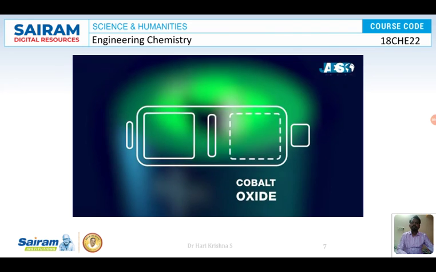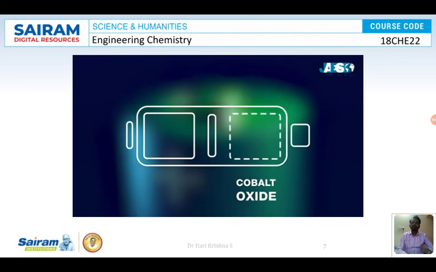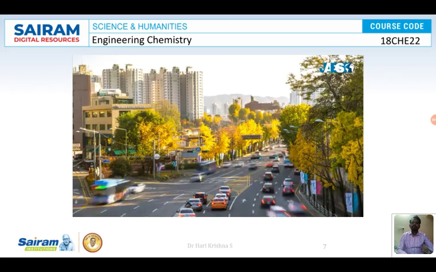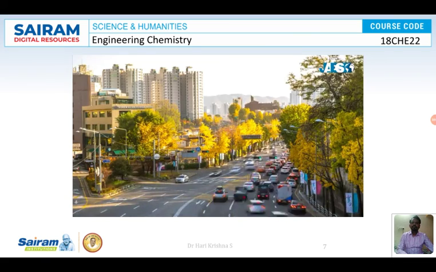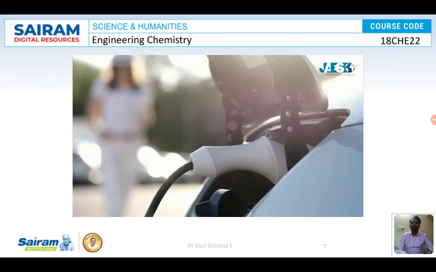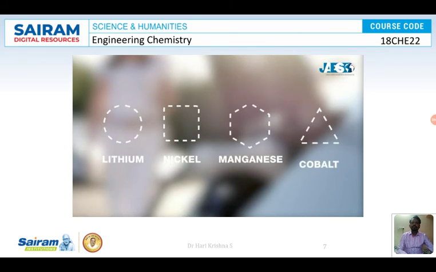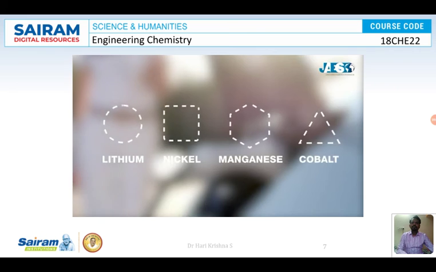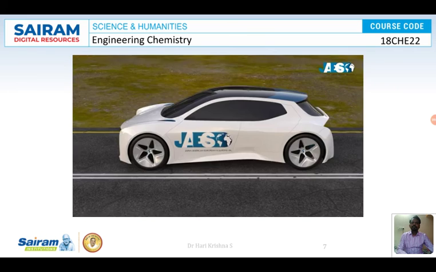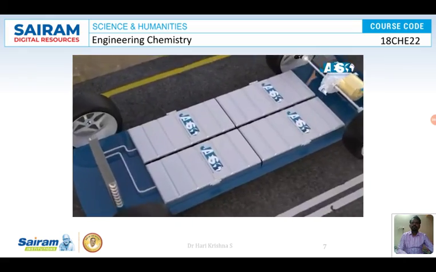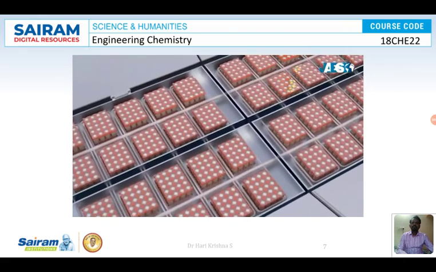They are formed by a cobalt oxide cathode and a graphite anode. In the automotive sector, on the other hand, the batteries of electric vehicles have a particular chemical composition: lithium, nickel, manganese, and cobalt.